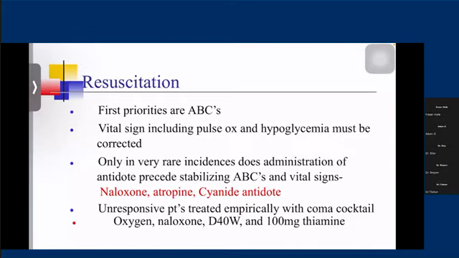And breathing: because of aspiration, the patient can develop aspiration pneumonia and also non-cardiogenic pulmonary edema. So putting the patient on oxygen is mandatory, depending on the patient's condition.